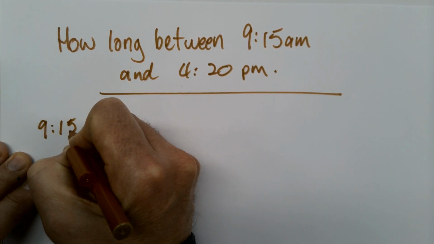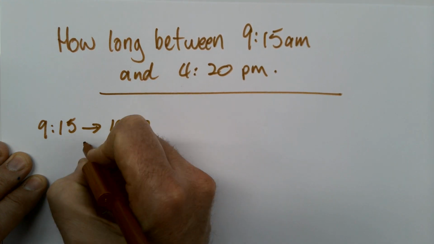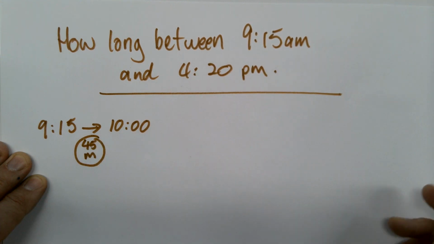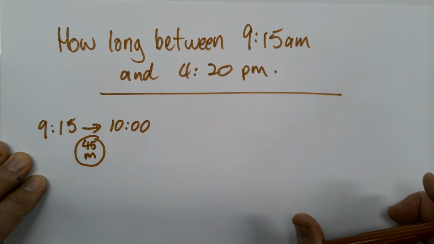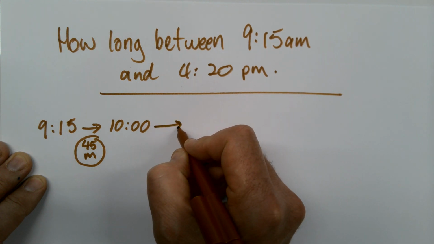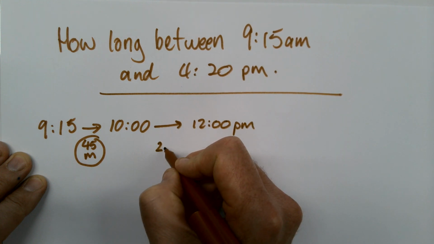So 9:15. If I take it to 10, I've used 45 minutes, haven't I? That's taken 45 minutes. Just put an M for minutes there. All right, 10 then to midday. What's that? 2 hours.